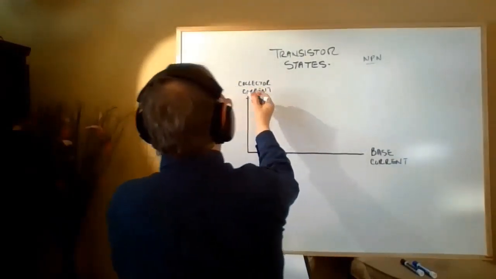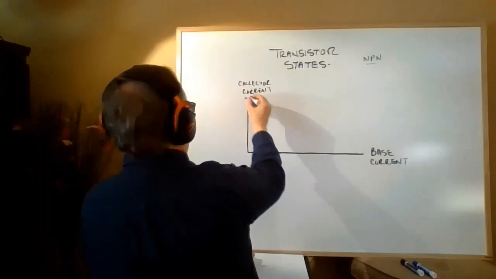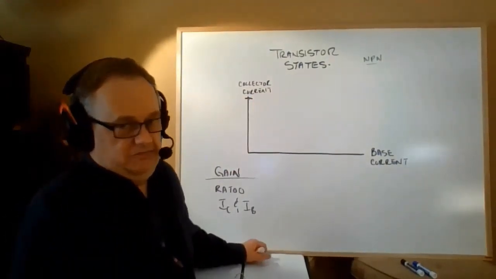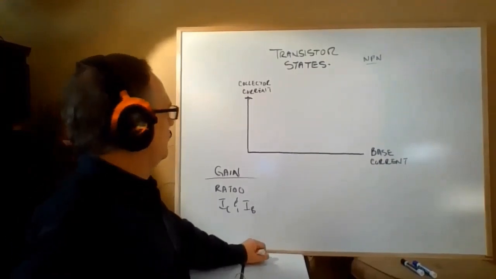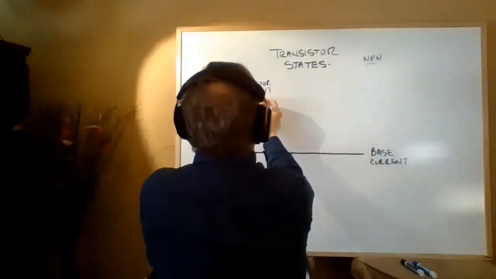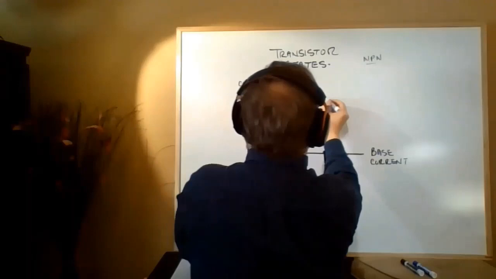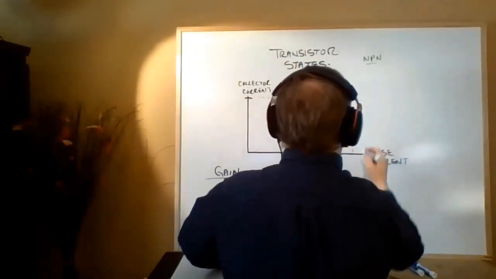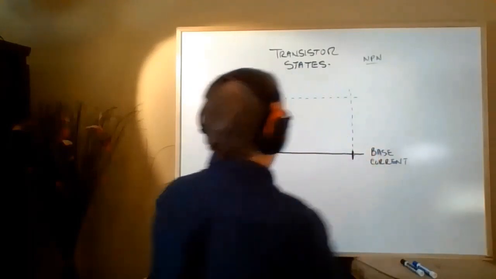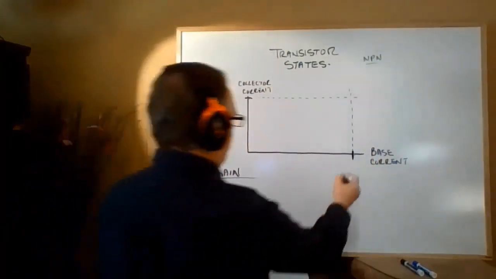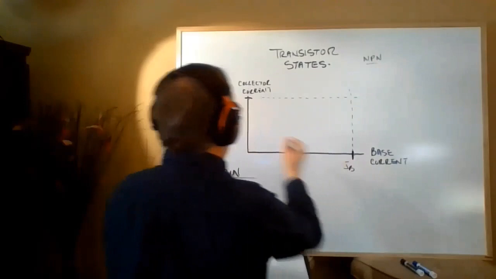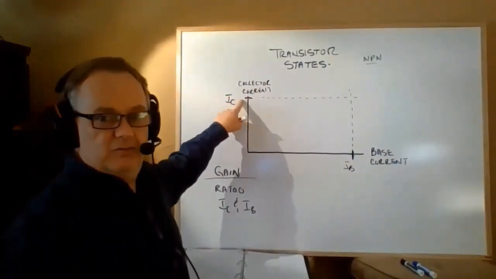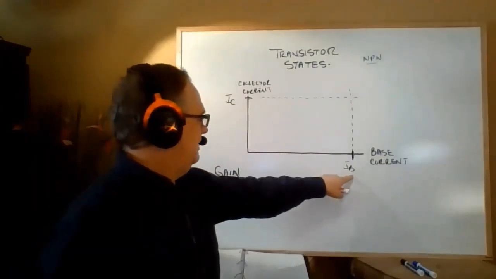If we take this line right here and we say that that is the maximum collector current that this transistor is rated for, and then I make a line across like this, and I'm going to make a line down here, and let's say that it takes this much base current. So this is I of B, and this is I of C. So there's my maximum I of C that I'm rated for, and this is the maximum base current.